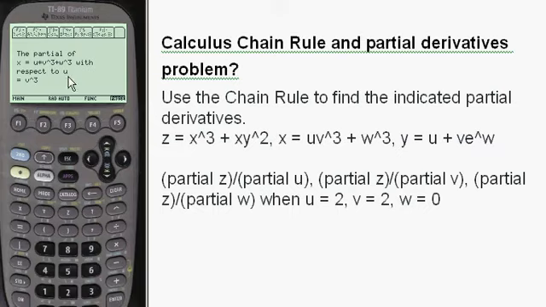Partial of x with respect to u is v cubed. And partial of y with respect to u is 1. We put them together here just like the formula. And now when we have u equals 2 and v equals 2 and w equals 0, we substitute that into what x equals here, which turns out to be 16.